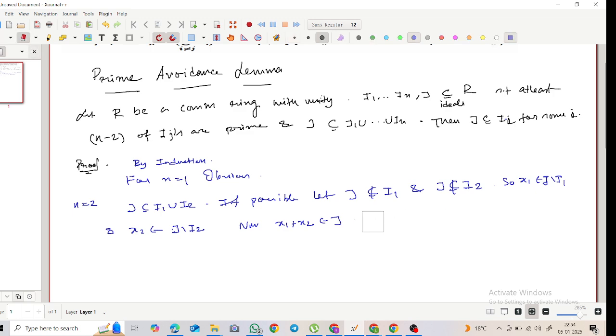But if x1 plus x2 belongs to I1, then... so x2 is not in I2, right?